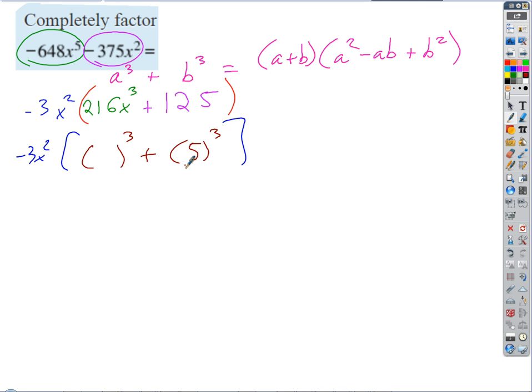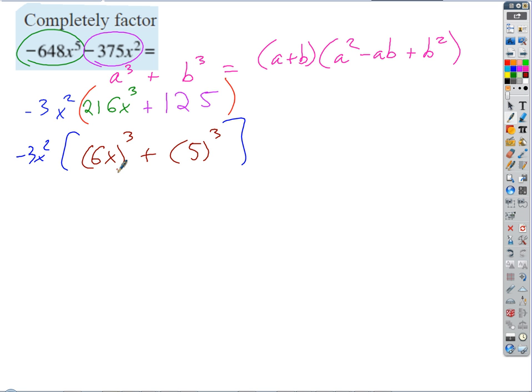What's the cube root of 216, do you think? 4 cubed is only 64. So they grow pretty fast. 6. It's 6, yeah. So 6x, right? Okay, so our A is 6x, our B is 5, and now all we gotta do is follow that pattern.